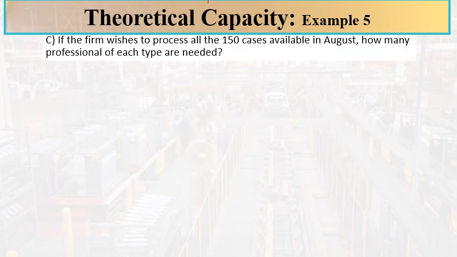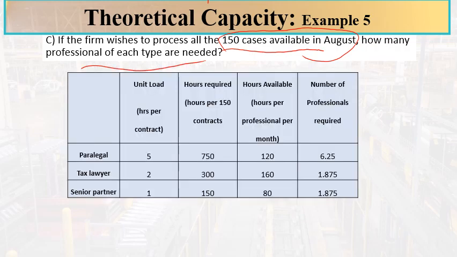So now the question asks us, if the firm wants to do all 150 available cases in August, how many professionals of each type does it need? So we know the unit load. We've already calculated this for each resource pool. And the hours required is just that number, 5, multiplied by how many cases there are.